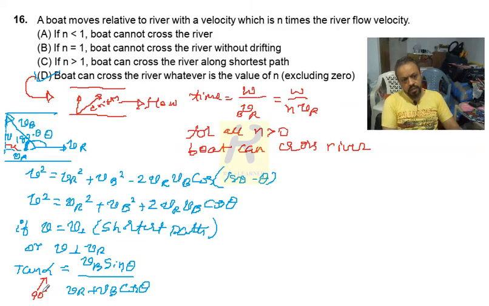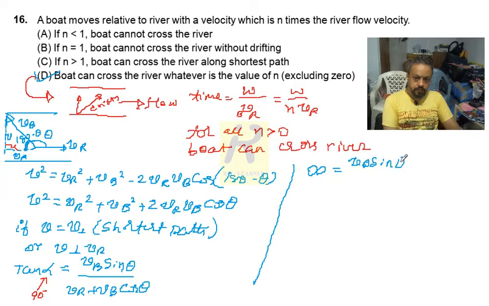So using that, what I can do further is: tan 90 is infinity, an infinite value. So infinity is equal to vb sin theta divided by vr plus vb cos theta.